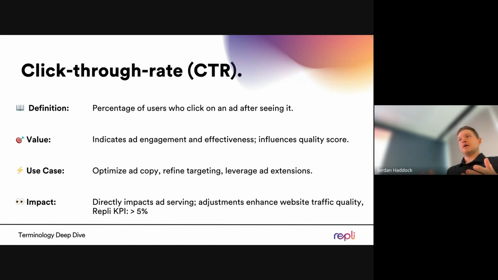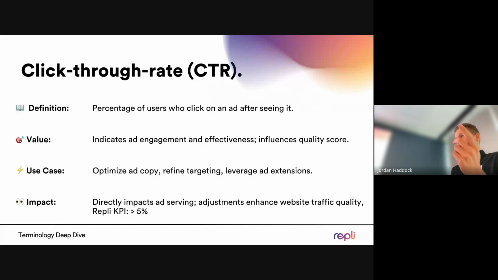Call extensions is allowing the user to make a call right from the search ad they see. If you didn't have a call extension in place, they'd have to click on the landing page and then see the phone number at the top of the landing page and then dial it themselves. In this case, there's a button that comes available on the search ad where they can click. If they're on the mobile device, it'll alert them to make the call to that leasing office.